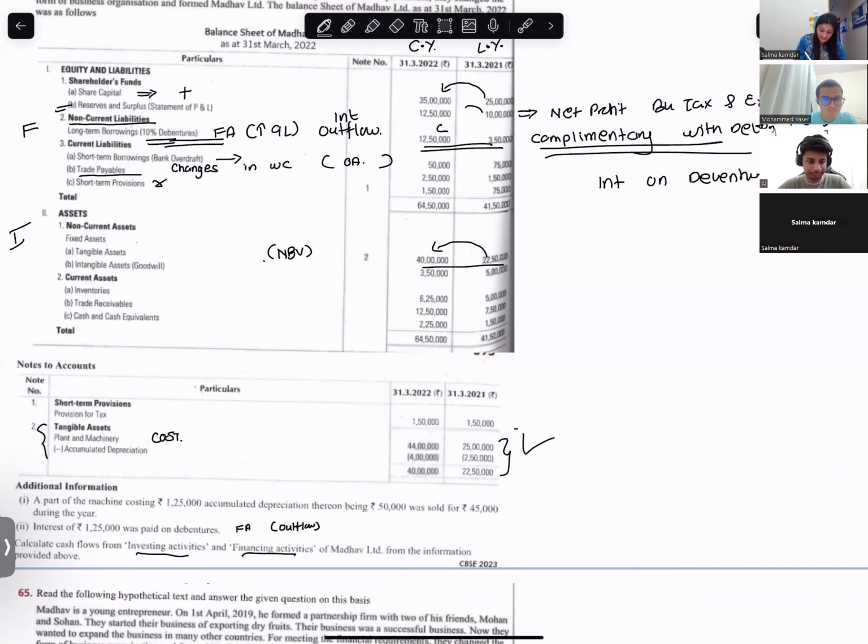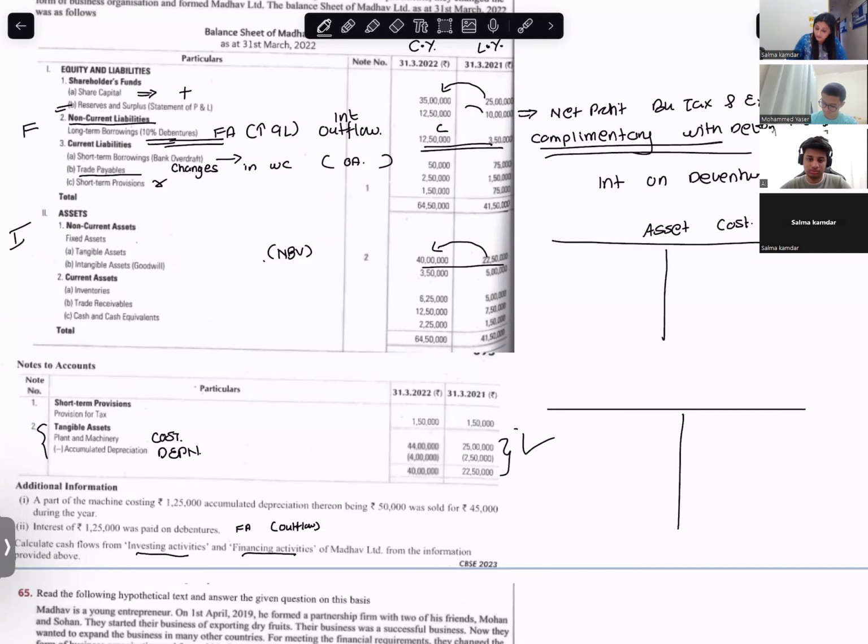Depreciation is given to us separately. So we will prepare two accounts. One is our asset account at cost, and one is our accumulated depreciation. Are you with me, Anas?